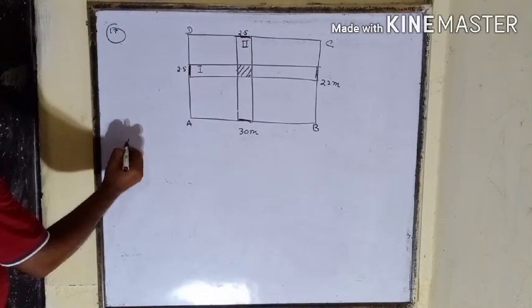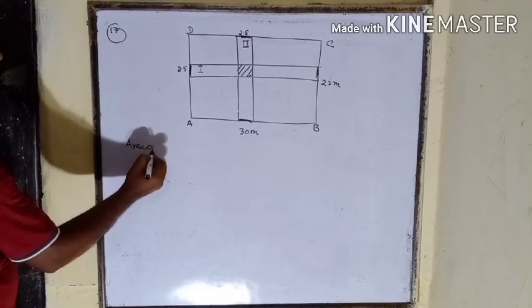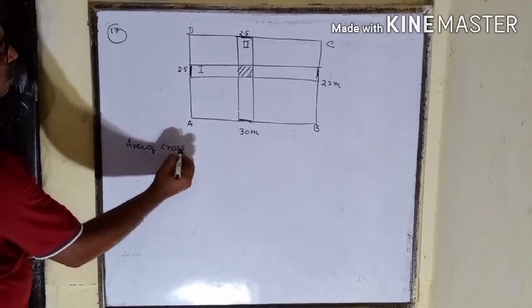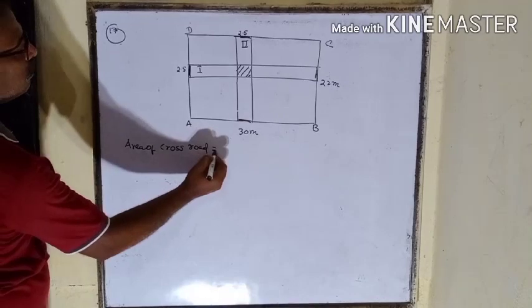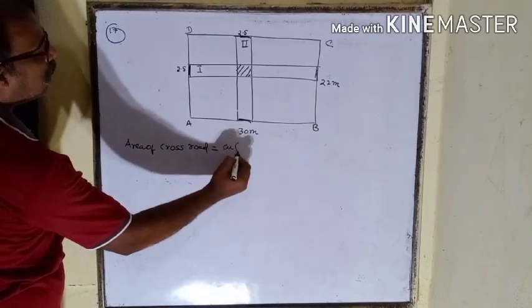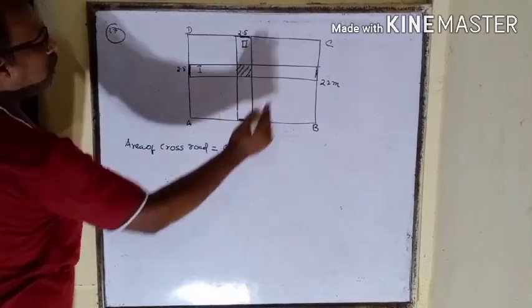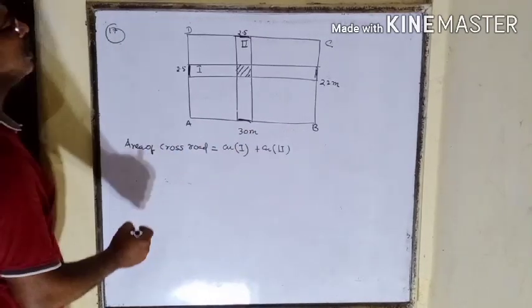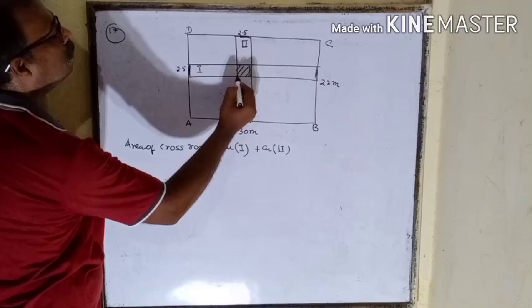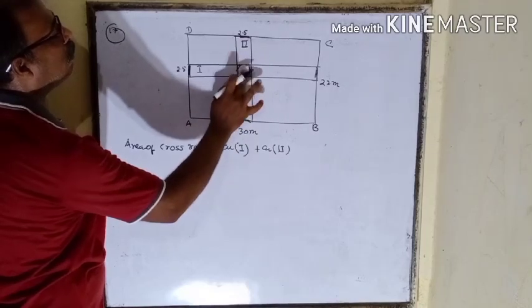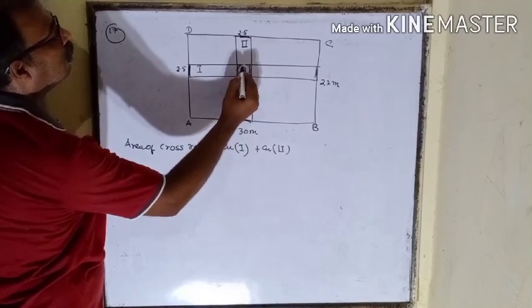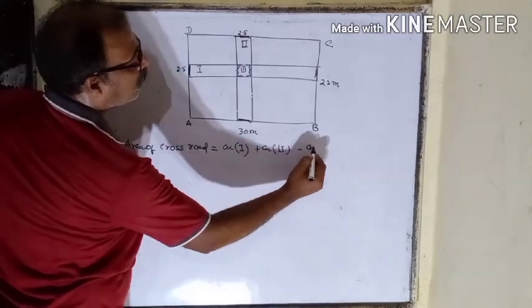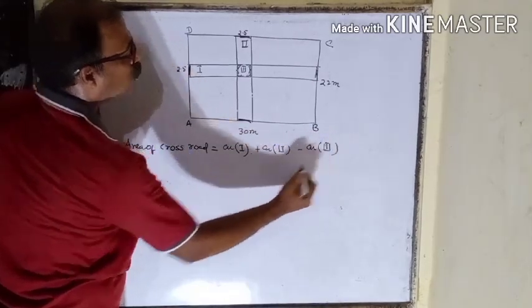So area of crossroads will be equal to area number 1, which is a rectangle, plus area number 2, which is also a rectangle, and we'll subtract this one. So mark it 3. So minus area of 3, which is a square.